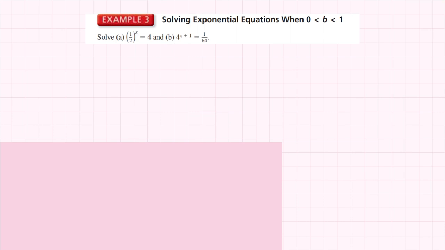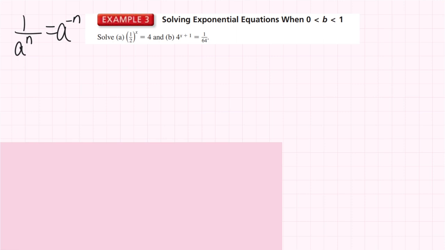Now we're going to solve exponential equations when 0 is less than b and b is less than 1. If you recall from our lessons in 6.1, 1 over a to the power of n is the same as a to the power of negative n. So in other words, when you see a fraction, think of it as having a negative exponent.